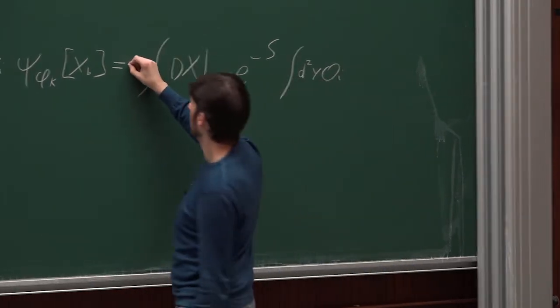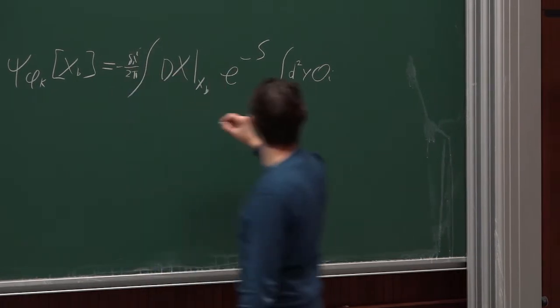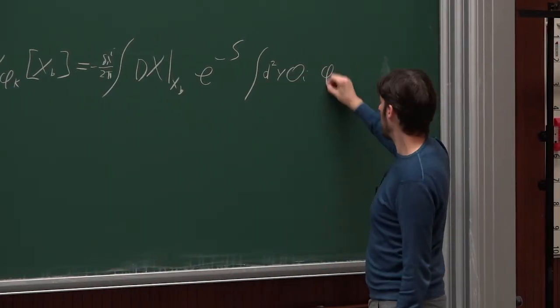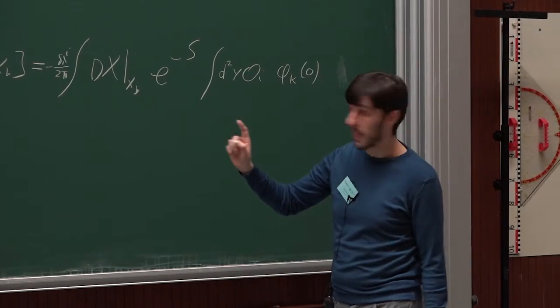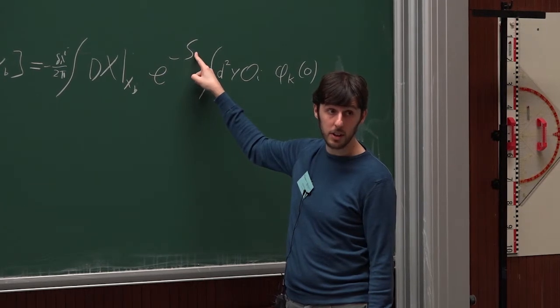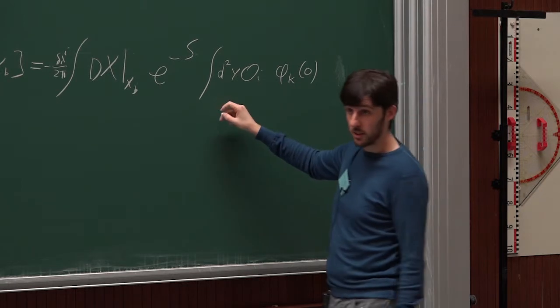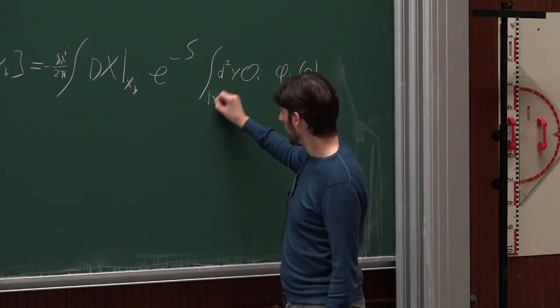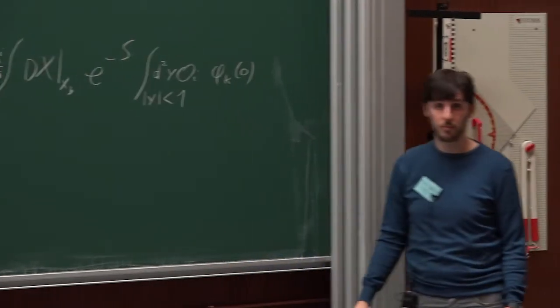So there is a minus delta lambda I over 2 pi, and then phi k of 0. But since this particular Lagrangian is integrated on the unit disk, the deformation itself is integrated on the unit disk. So here I restrict my domain of integration to the unit disk.